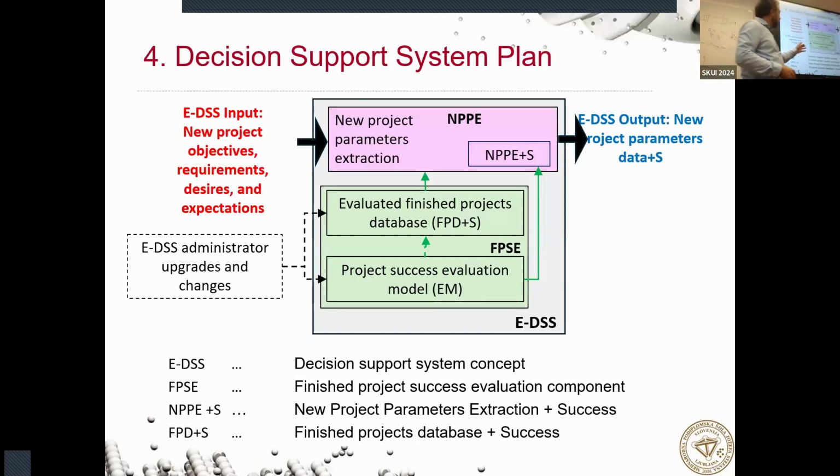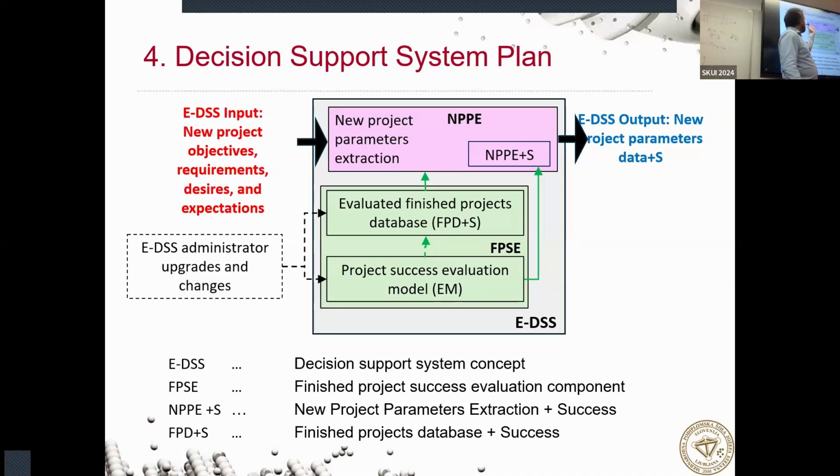What was discussed up until now is this part here, how we evaluated the finished projects and also the evaluation model, which is also necessary to evaluate the new project which comes to the company. So we have here input. These are the characteristics or properties of the new project.